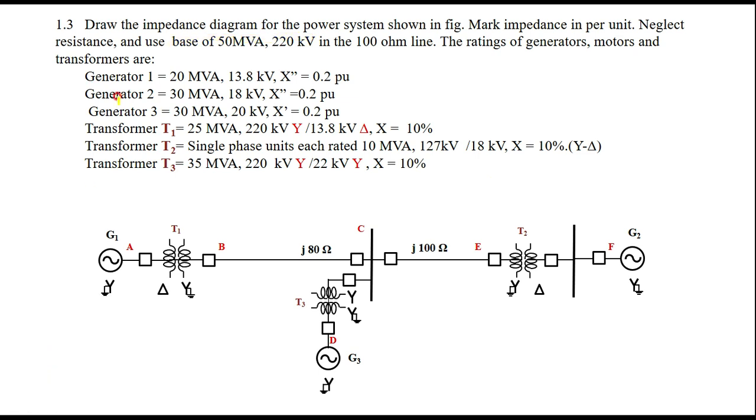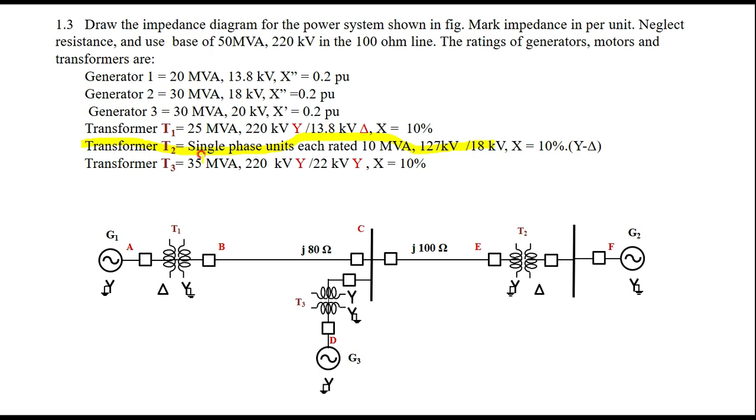Then all the ratings of generators G1, G2 and G3 and transformers T1, T2 and T3 are given here. One extra thing you can observe here: for transformer T2, it is given as a single phase unit, each having 10 MVA, one side 123 kilovolts, the other side 18 kilovolts.